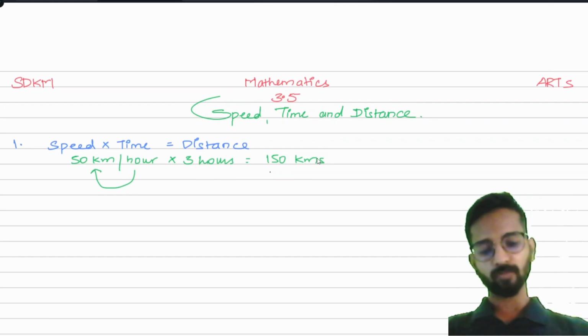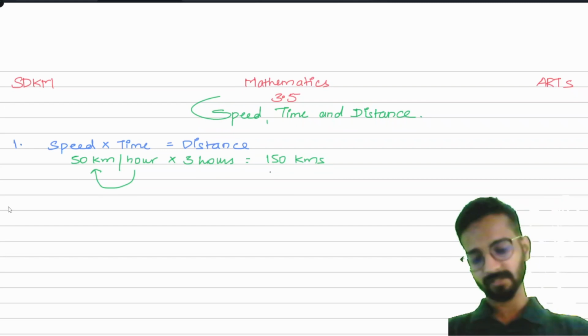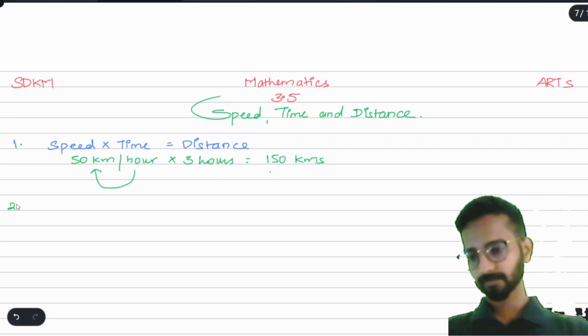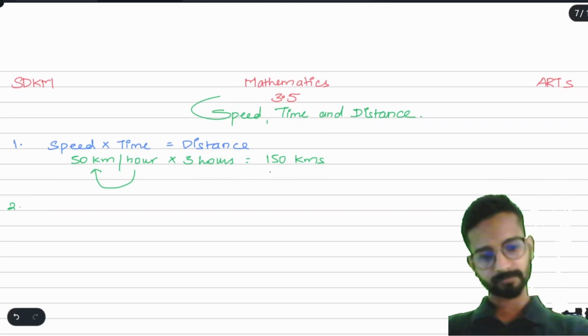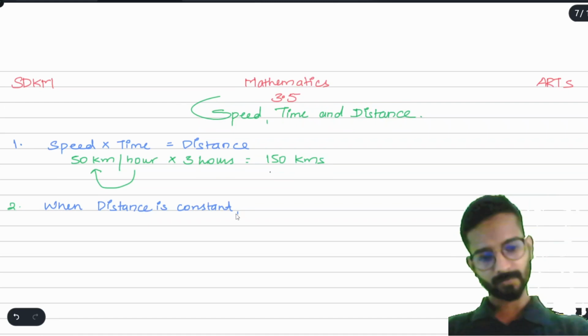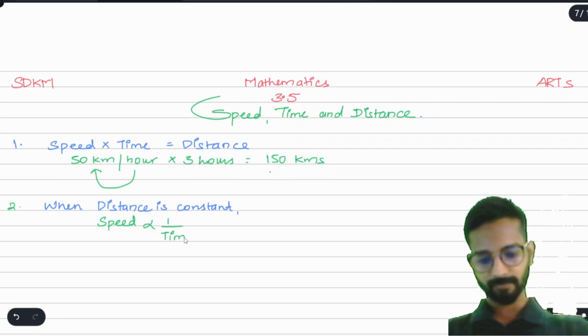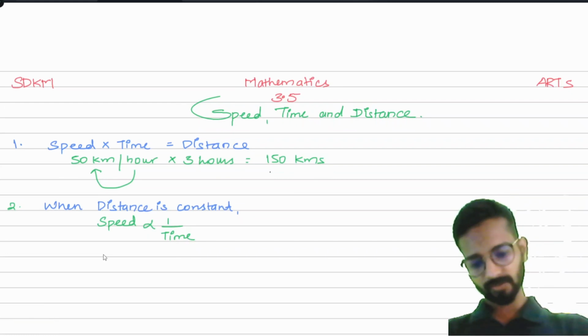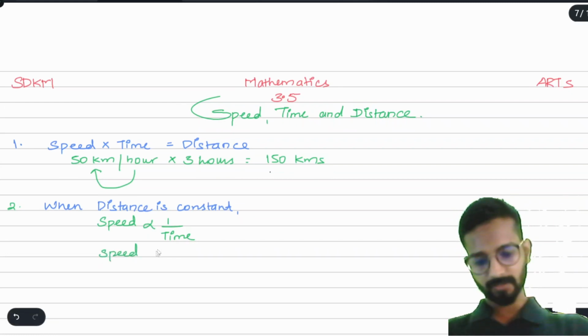Now, a few more formulas we have to remember for this particular exercise. Point number 2: when distance is constant, speed is proportional to the inverse of time, 1 by time, or you can also say speed is equal to k by time.